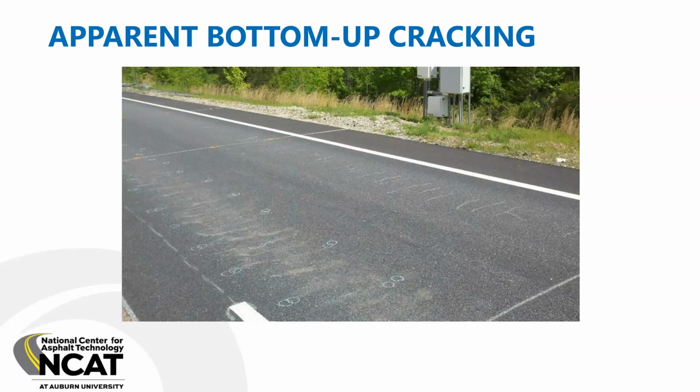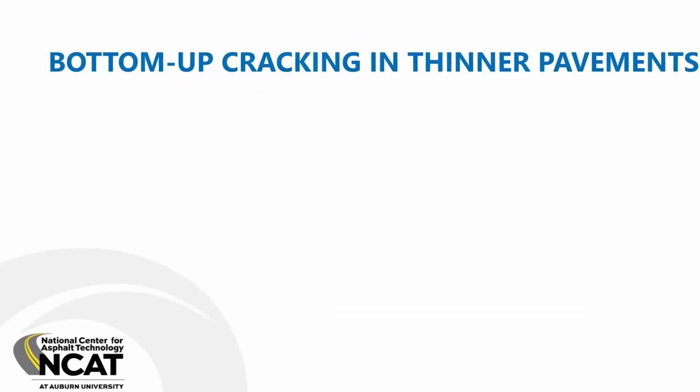When it debonded, the top part of the pavement that was no longer bonded to the lower part was less than 5 inches thick. So it did fail in bottom up fatigue cracking, but in this case it really was a middle up fatigue cracking, and it only happened because it debonded the way that it did. As I said, Jason's going to give you some background on that later in the webinar.